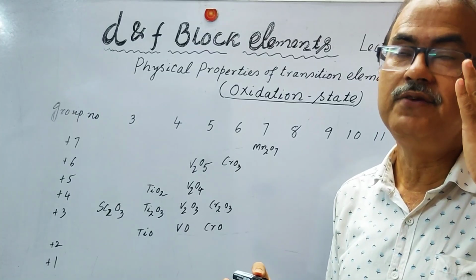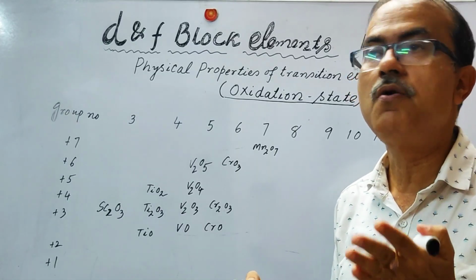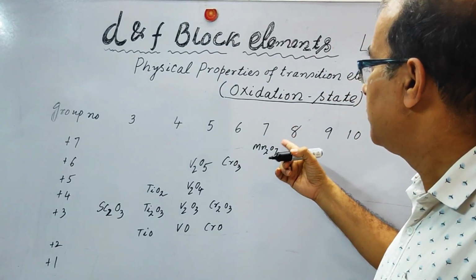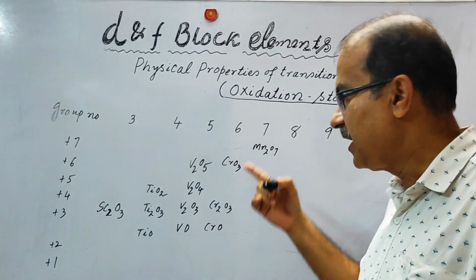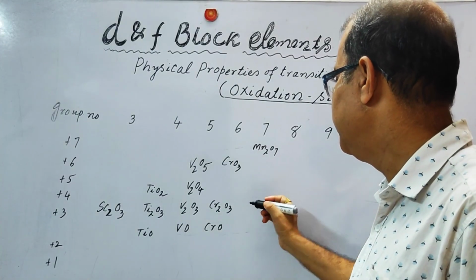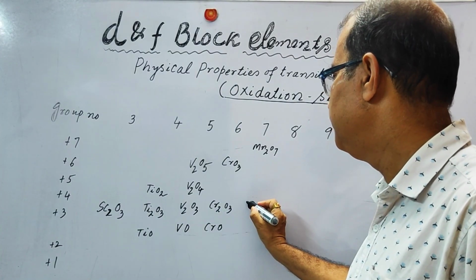In the simple halide we can find it only in the oxy compound. Here, in the oxides of this element, we will find this oxidation number.